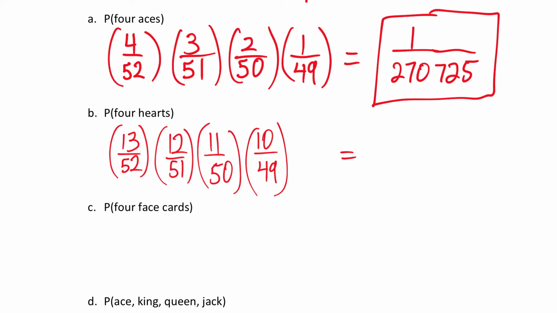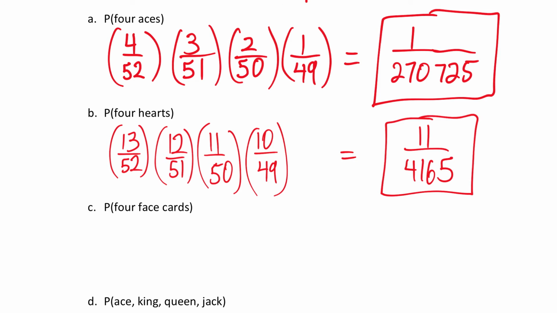What do you get when you multiply those 4 together? I got 11 over 4,165. So what does that 11 out of 4,165 mean? Like in words, like I was talking about a second ago.